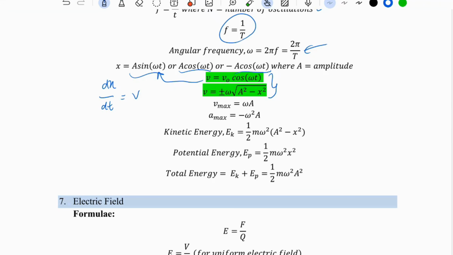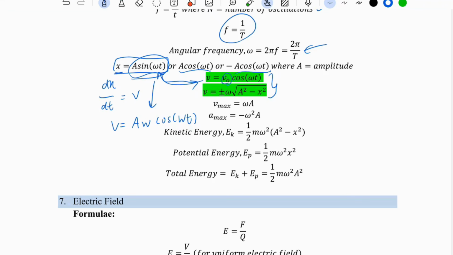So when you differentiate this, you will get this. I know you might be thinking, how do I suddenly get this? There's no a in this equation. Okay. When you differentiate this whole thing, you will get v equals a omega cos omega t. Am I right?